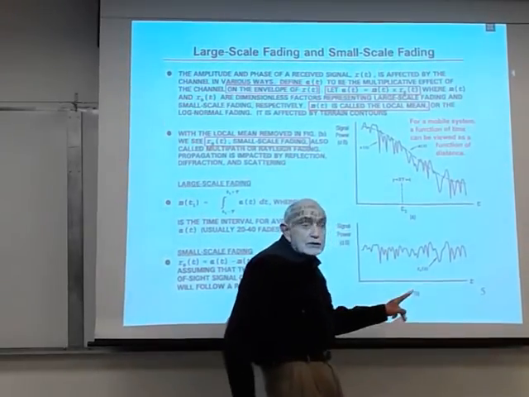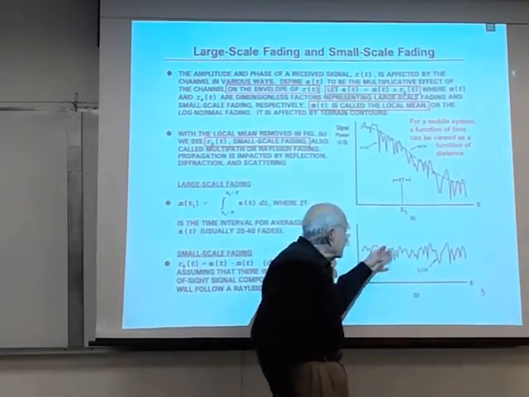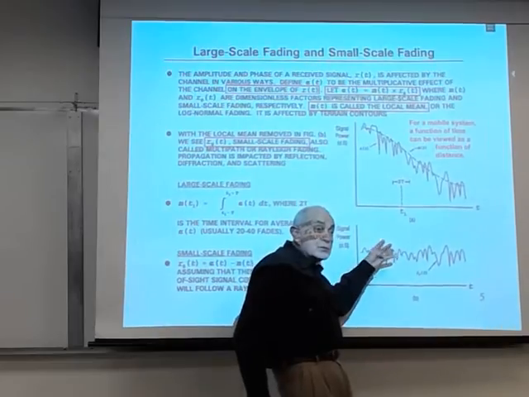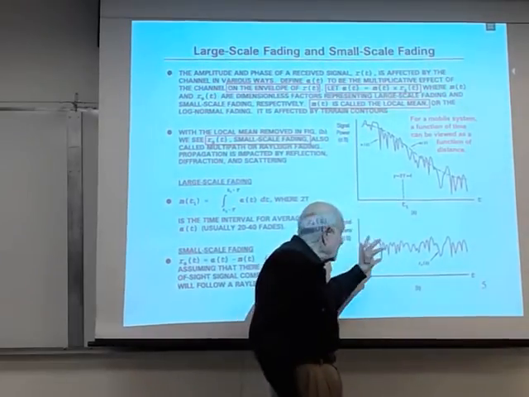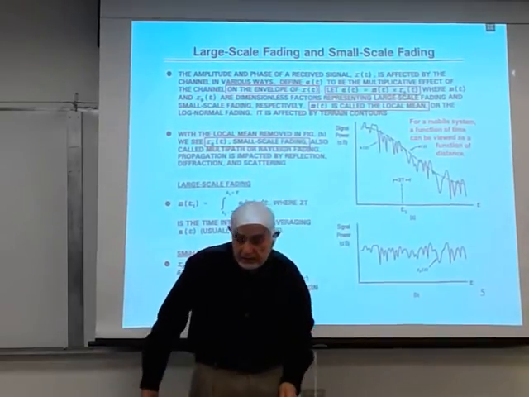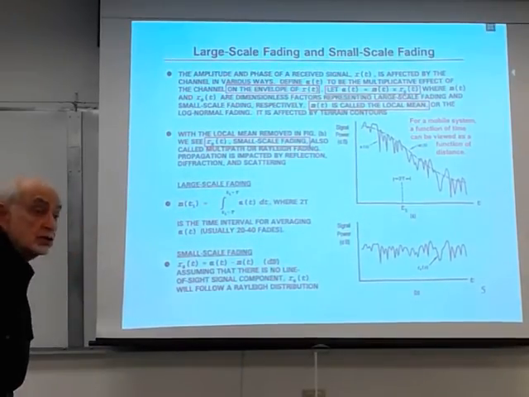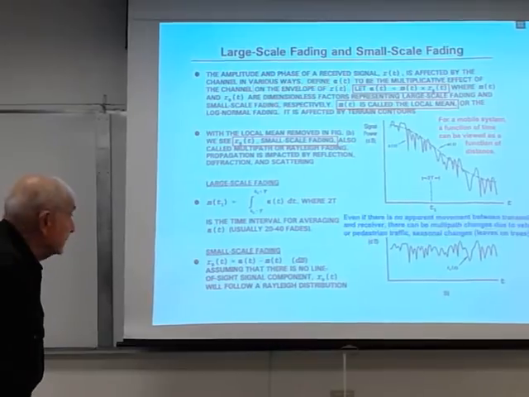If you throw out the local mean, and all you have are the ups and downs, this is what we're focusing on as, in my opinion, the most important characterization of the fading phenomena, small-scale fading.